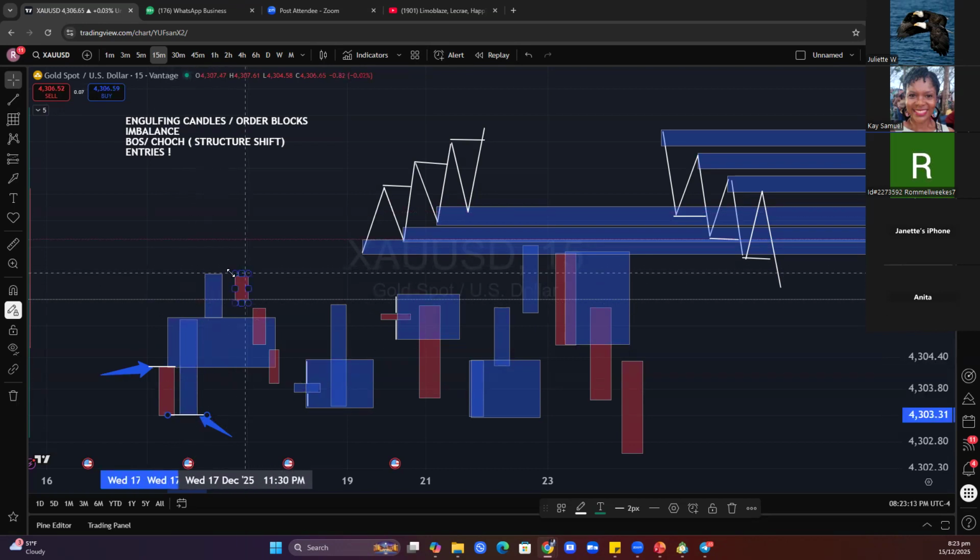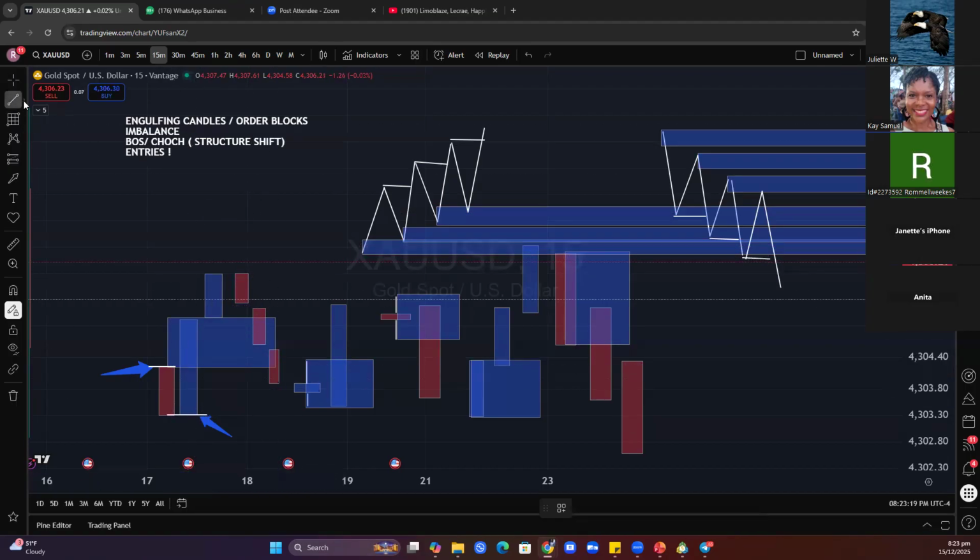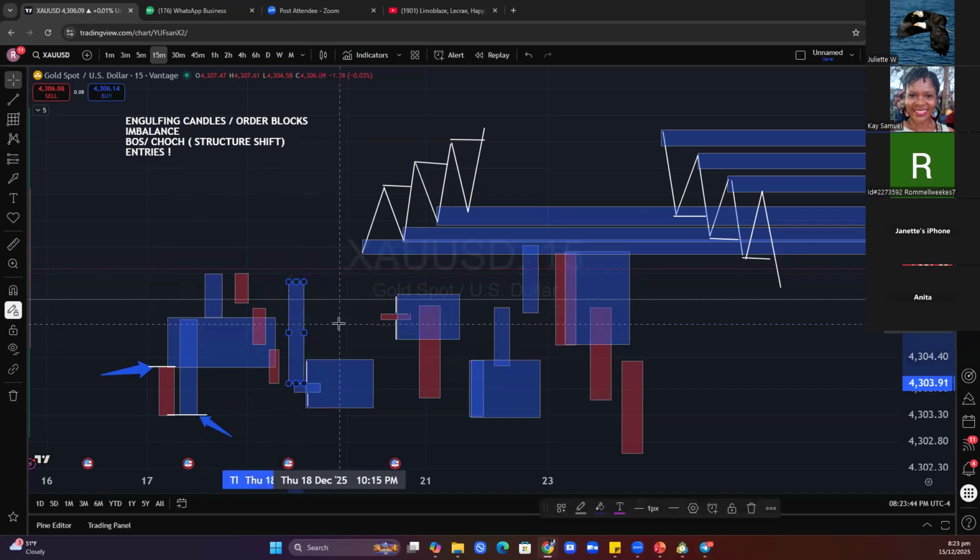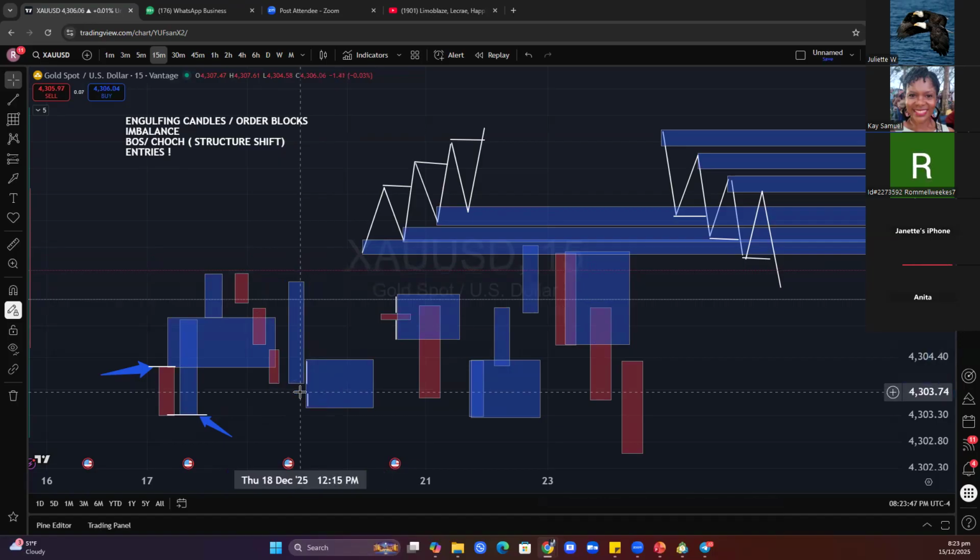I push the market up, and then I push the market back down to where I entered the market, so that I could break even or maybe even profit on my sell position. And then we continue to push the market in the direction that we want it to go, which is up. So then our buy position continues to profit.